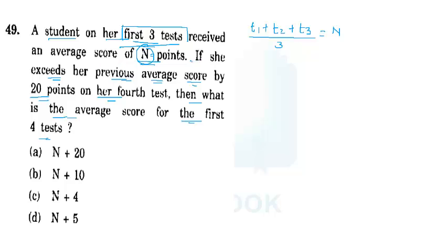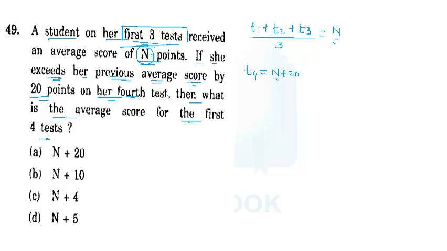Now the second statement says that if she exceeds her previous average score by 20 on her 4th test, that means a new test is also conducted, which is the 4th test, that is T4, and in T4 she has scored 20 points extra than the average.